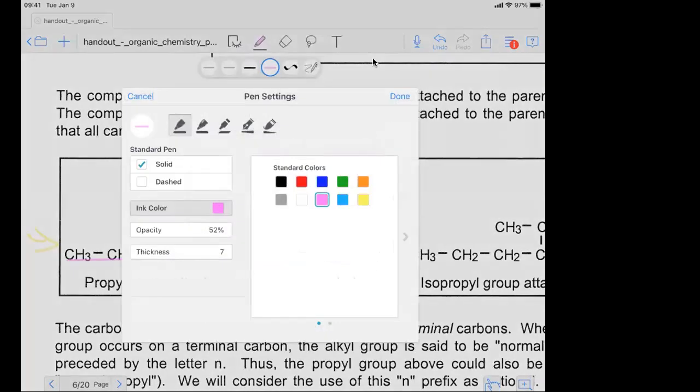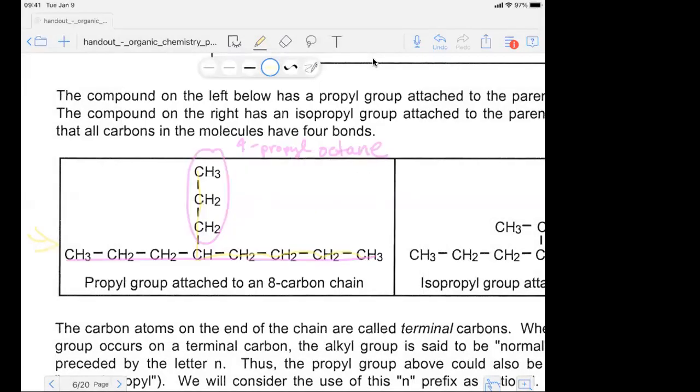However, if I go from top down and to the right, that means this is my alkyl group, which is also a propyl. And if I count starting from the top, 1, 2, 3, 4, it's still 4-propyloctane.